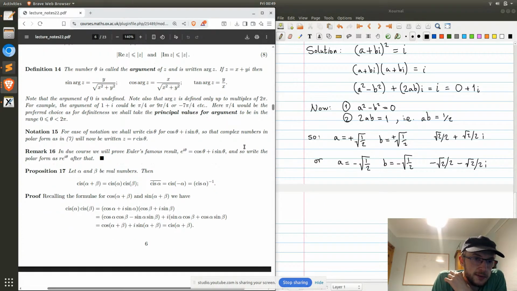For ease of notation, we shall write cis of theta for the expression cosine of theta plus i sine of theta, so that complex numbers in polar form, as in Formula 7, will now be written as z is equal to r cis theta.